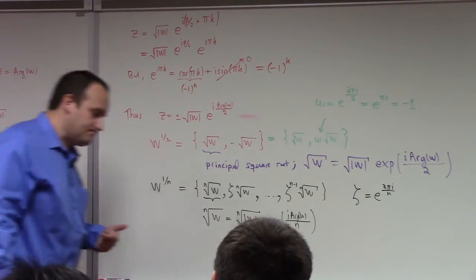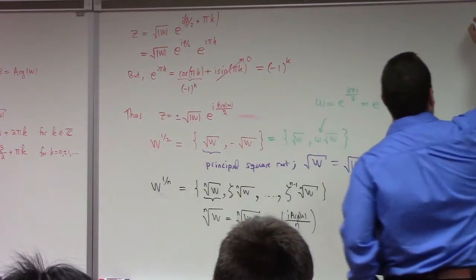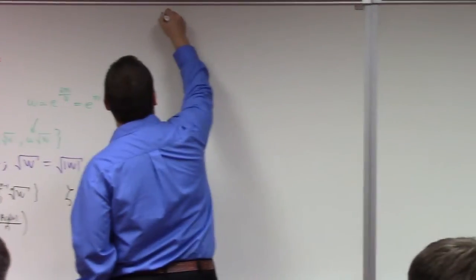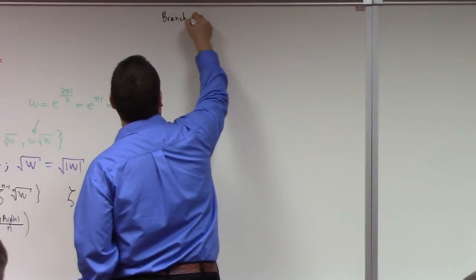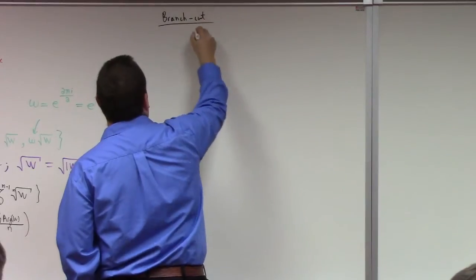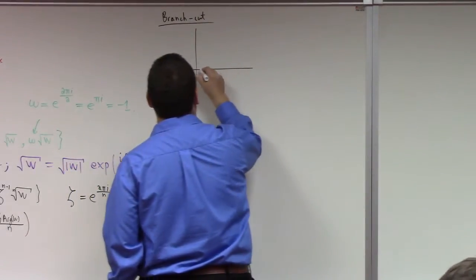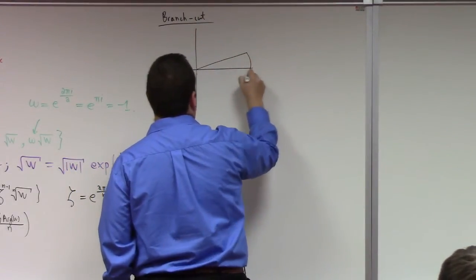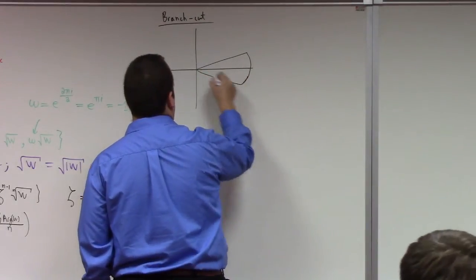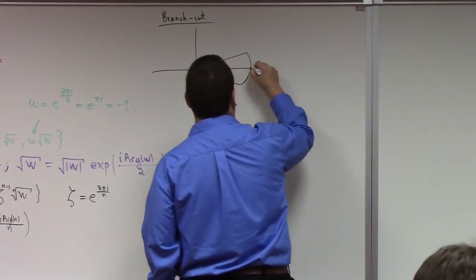Now, in terms of the mapping, branch cut idea, getting back to that again. First of all, let's think about a local inverse. Here, I'm going to look at just a pi sector, to keep things simple.